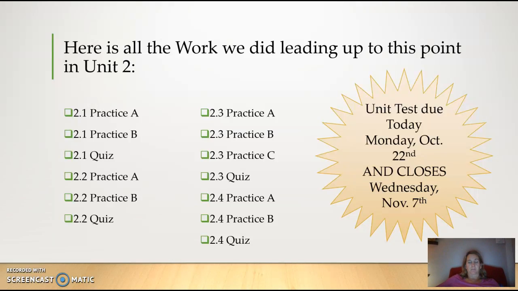So if you have not completed them yet, you should not take the test yet, okay? The unit test is scheduled for today. It's due today. So if you don't do it today, it will say past due, but I won't enter zeros till next Monday. So I would take a couple of days if need be, just knowing that we're going to start Unit 3 on Wednesday. So you have today and tomorrow to make sure you can finish all your assignments from Unit 2, study and take unit test part 1 and part 2.